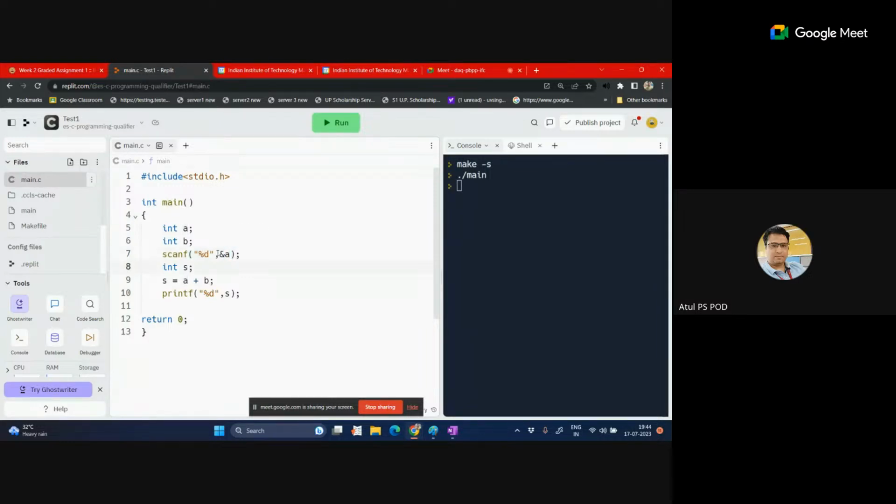So here we pass this pointer. To mention this pointer, we add the & symbol before the variable. This is for a. Similarly, we will write for b, and we just change the name to b.